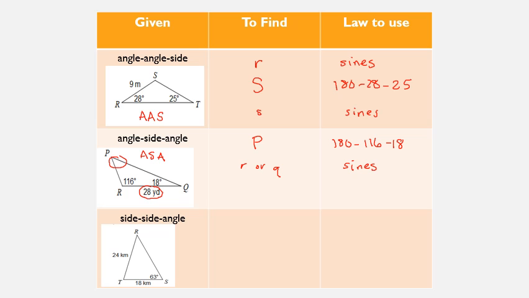So that's nice. All right, what if we have the case of two sides and an angle, and in this one, one of the angles is across from one of the sides. Since you have an angle across from a side, we can set up law of sines, and the side we have is across from r, so we're going to set up law of sines in order to solve for the angle first.